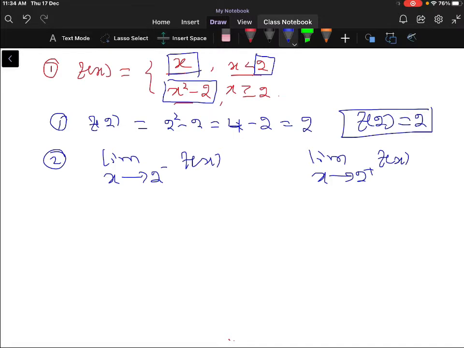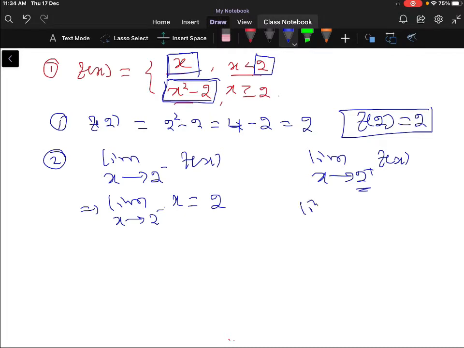So limit as x tends to 2 minus of x is 2. Now approaching x equal to 2 from the right side of 2, use the function x square minus 2.